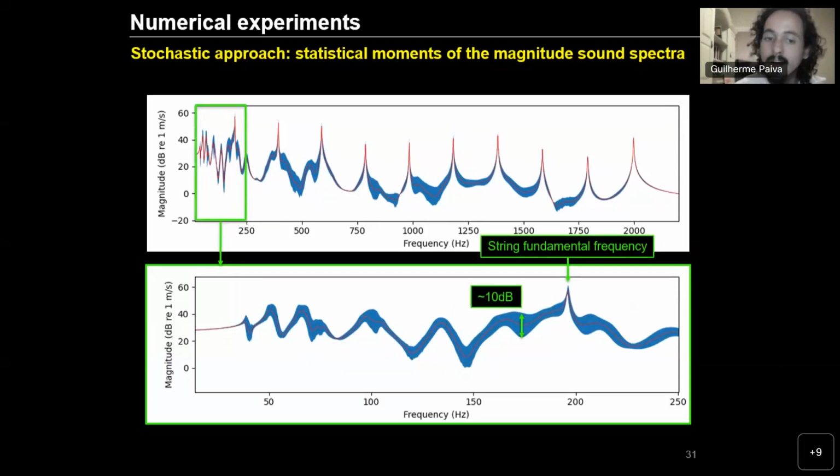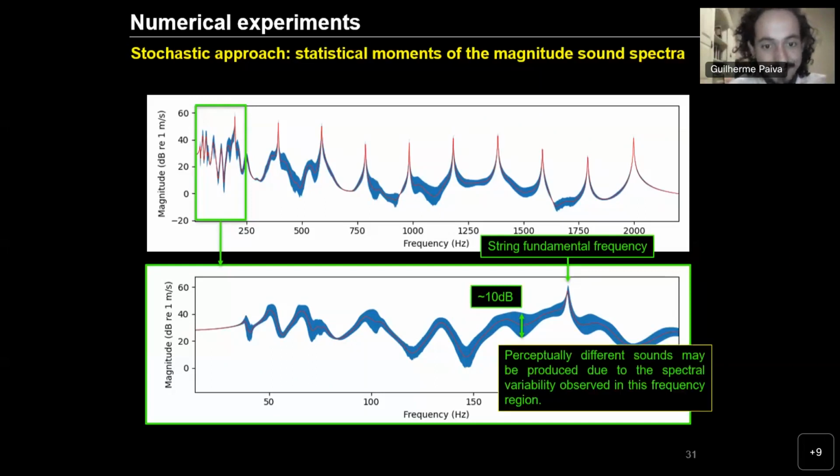So even though we didn't perform perceptual evaluations, my guess is that for sure we can perceive the difference due to the variability. So, as I said, perceptually different sounds may be produced due to the spectral variability observed in this region.